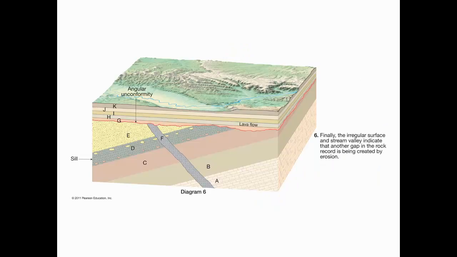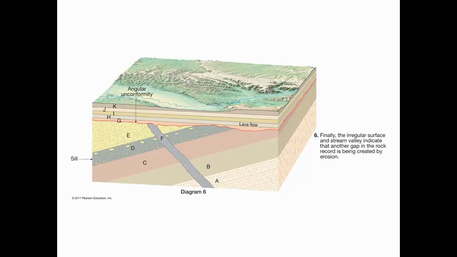And following the retreat of the seas, we end up with this modern erosional surface, and that pretty much completes our block diagram. We've reconstructed the geologic history of this area using various principles.